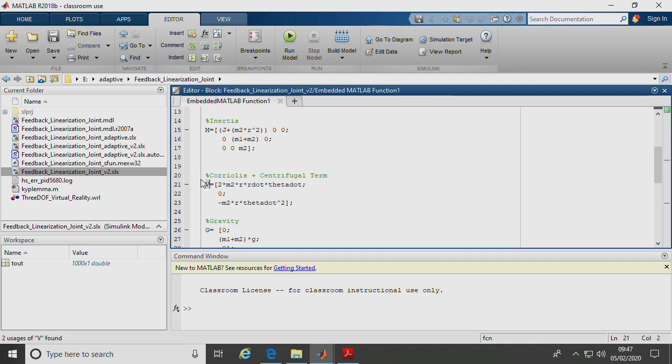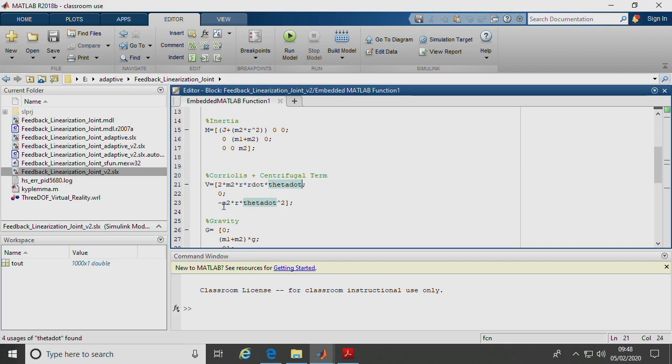I write this down in a minute. We can see the Coriolis force of our rotational degree of freedom.